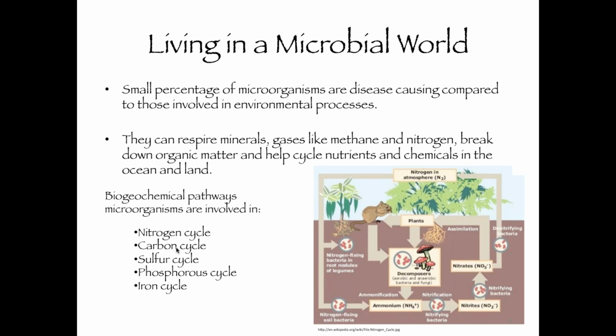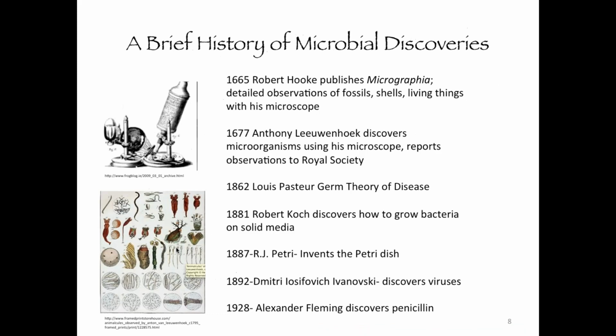In the next couple of slides, I've highlighted some key discoveries that have paved the way for microbiology today. In 1665, we have Robert Hooke, who publishes Micrographia, and in this book he details the observations he's making of fossils, shells, and living things with his microscope.